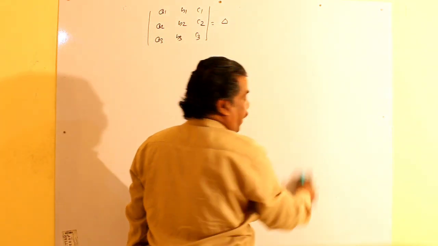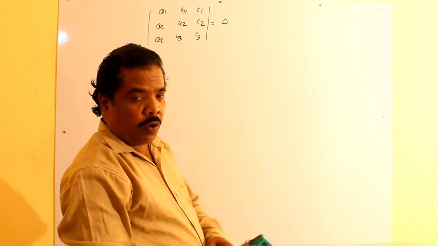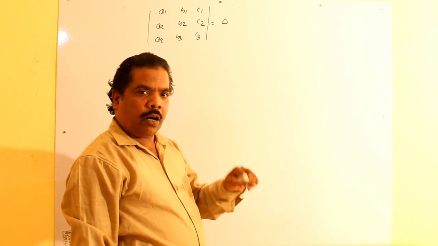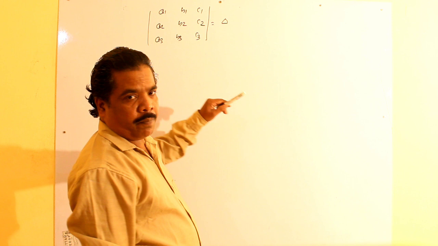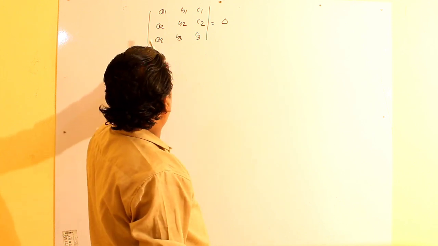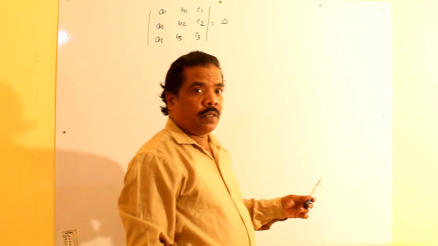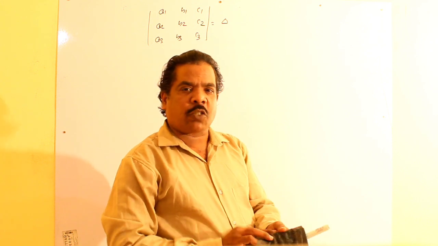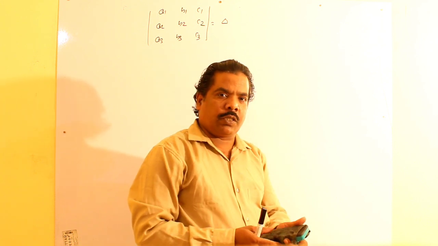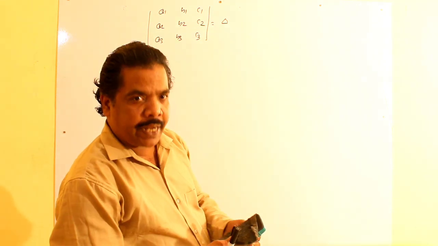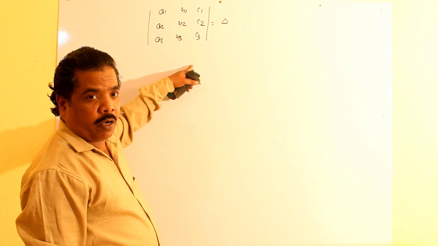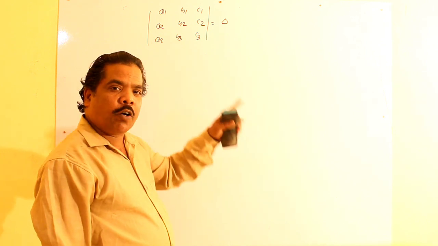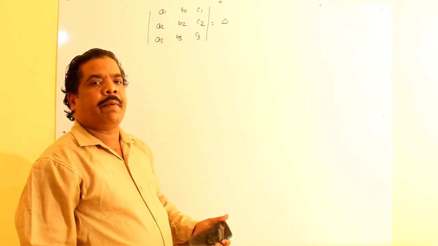If all the elements of any row or column of any determinant, either second order or third order or any other, are increased or decreased by corresponding rows or columns with equal multiples, then the value of the determinant remains same.